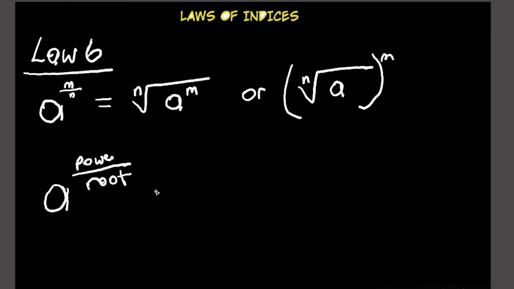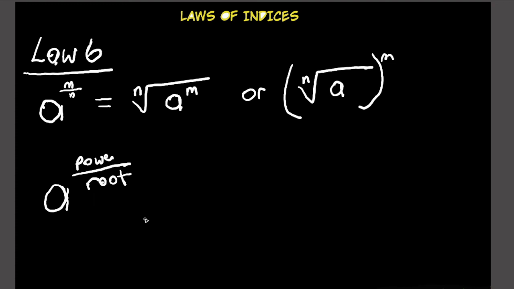And this means that n would be finding the root of a and m would be the power of a. So we're finding the nth root of a to the m power. You can also write it as the nth root of a, all in brackets, raised to m.